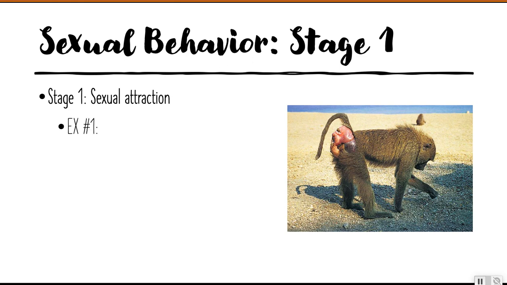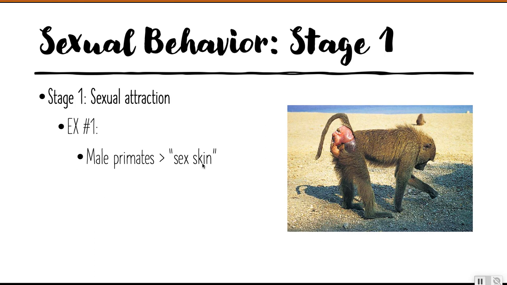So what are some examples of sexual attraction? The first example I want to talk about is male primates. Male primates are attracted by the sight of sex skin. For example, this is a baboon right here. Baboons are attracted to females that have really brightly colored rumps.